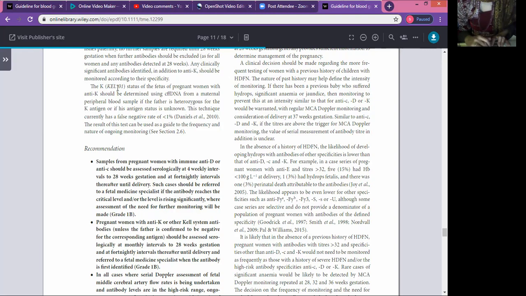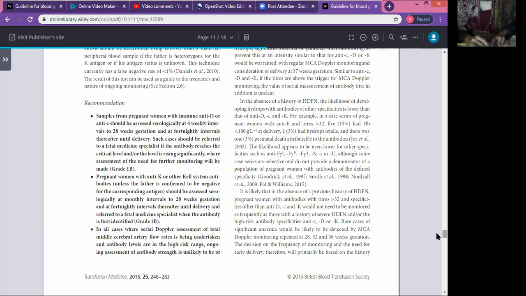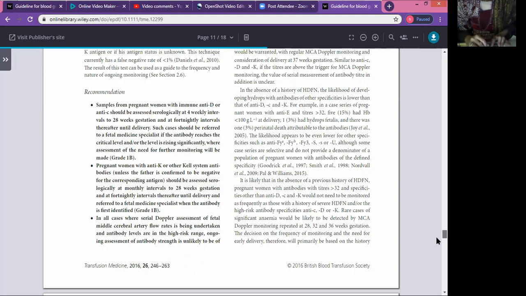So the status of the fetus regarding this antigen needs to be taken into account, and cell-free fetal DNA should be used to identify this antigen in the fetus.